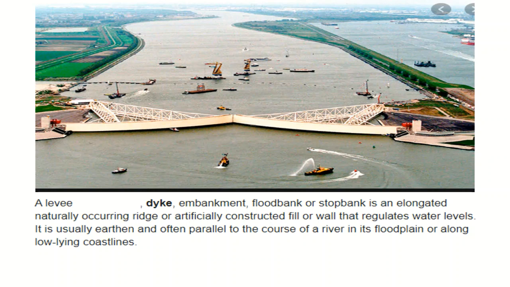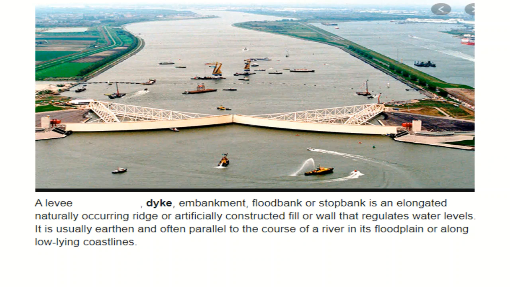Now, these kinds of embankments are generally made at the sides of the river, and are also known as a flood bank or stop bank. It is an elongated naturally occurring ridge or artificially constructed fill or wall that regulates water levels.